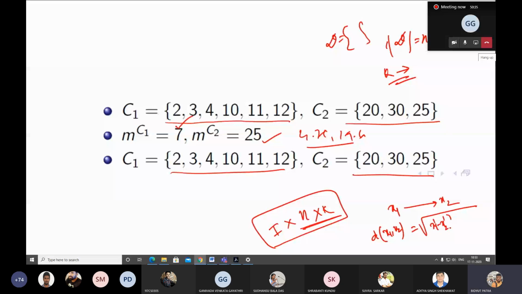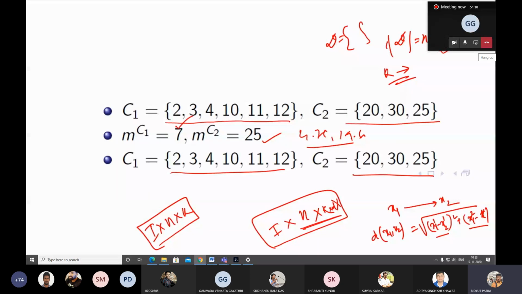So it is into d. And the dimension is much smaller compared to the number of points, so d is neglected. So the complexity is I into n into k. And the number of iterations is found to be 5 to 6 generally before it converges, so that is a constant, a small number.